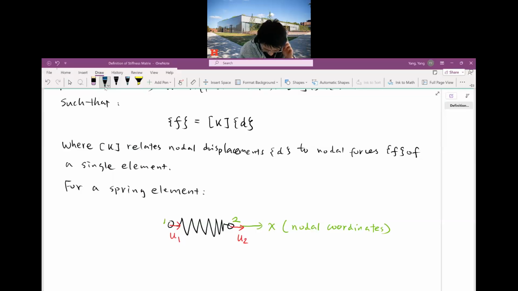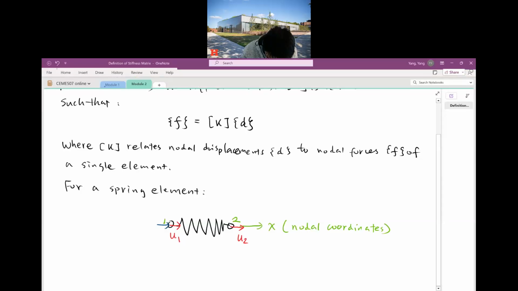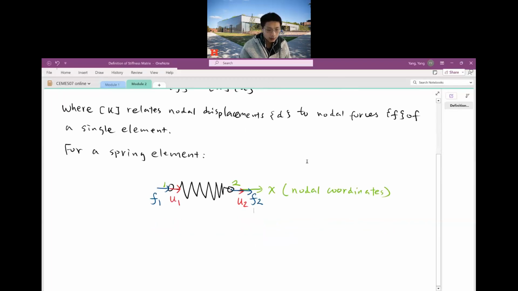We have the force applied to node 1, that's called F1. The force applied to node 2, that's F2. So we have all the forces and all the displacements here.